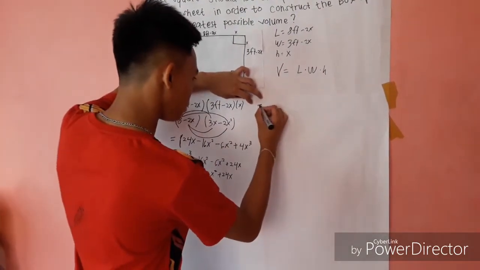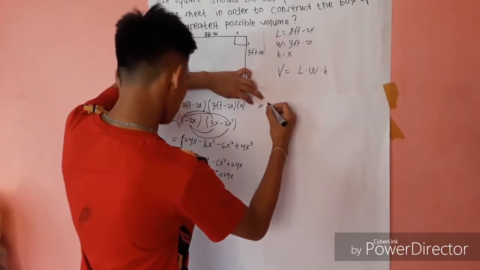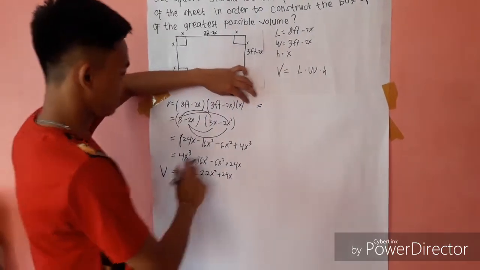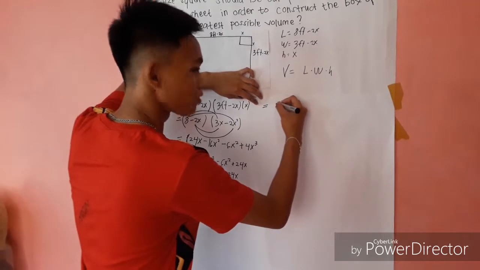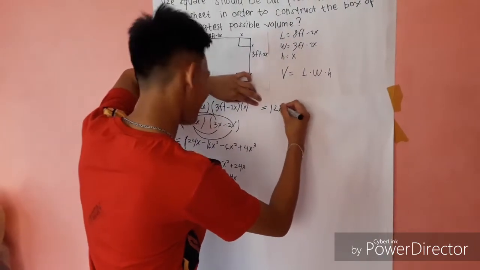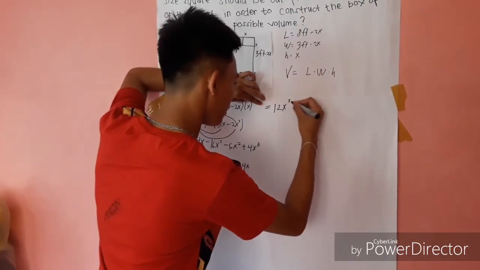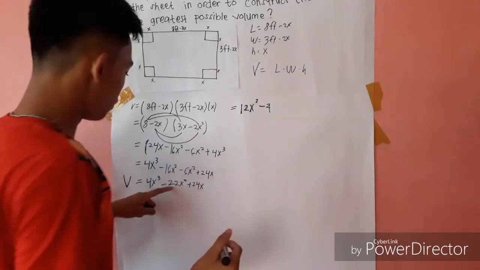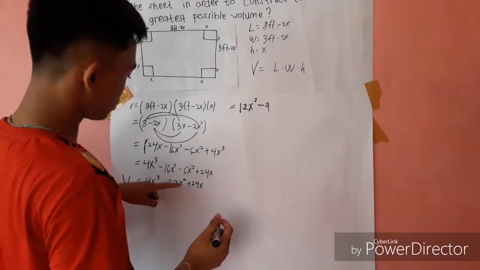So we're gonna derive here, it becomes 12x squared minus 22x squared.